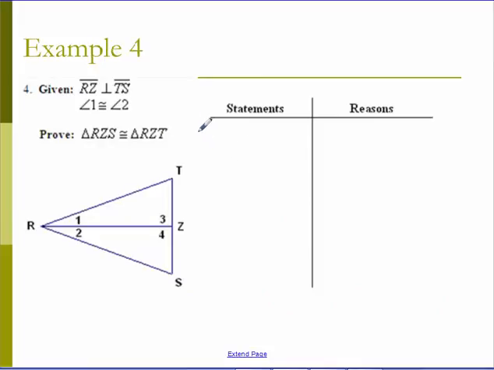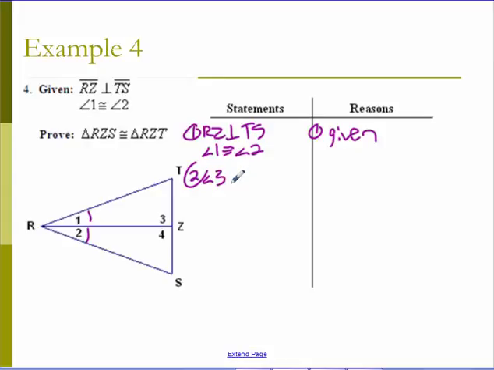Alright, so we have RZ is perpendicular to TS, and angle 1 is congruent to angle 2. So we already know those are congruent. That's given to me. Now, because they're perpendicular, I know angle 3 and 4 are right angles.